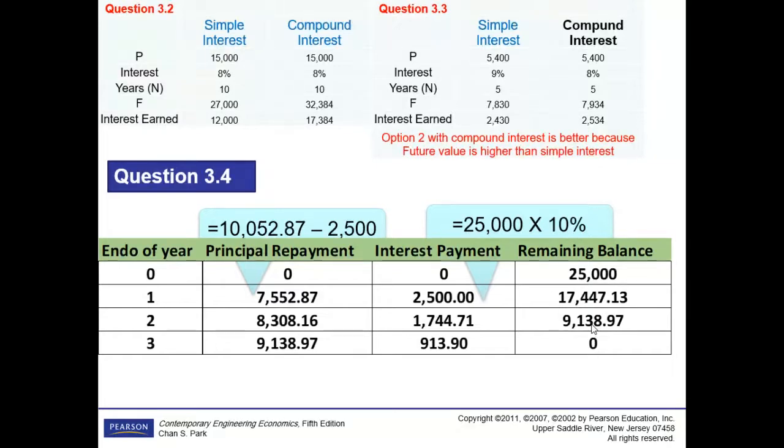So out of your 25,000, in the first installment you are returning the principal amount, which is 7,552. Is it clear how this number, 7,552, is calculated? Any question?